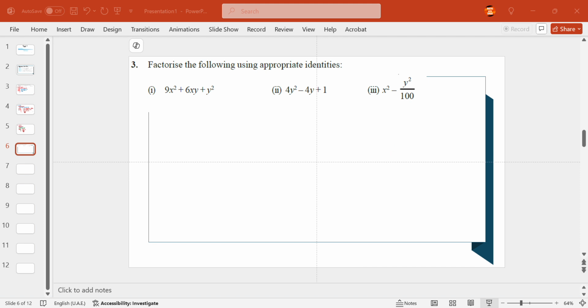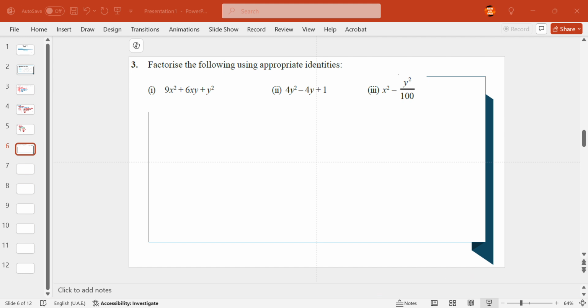Is it right, my dear students? So this is how we use it. So what will you write? Therefore, x square minus y square divided by 100 equals x plus y by 10 times x minus y by 10. Okay, this is how we factorize the given expression.